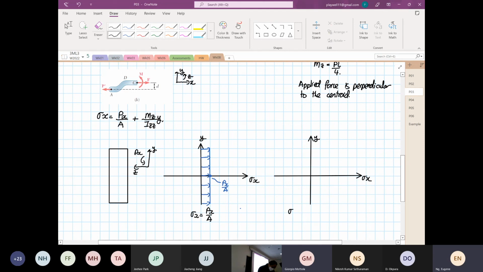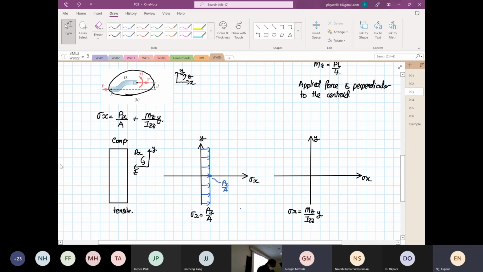Stress x is equal to Mz over Izz multiplied by y. Based on this loading condition, due to the moment vector, we know the top is going to be compression, the bottom is going to be tensile.